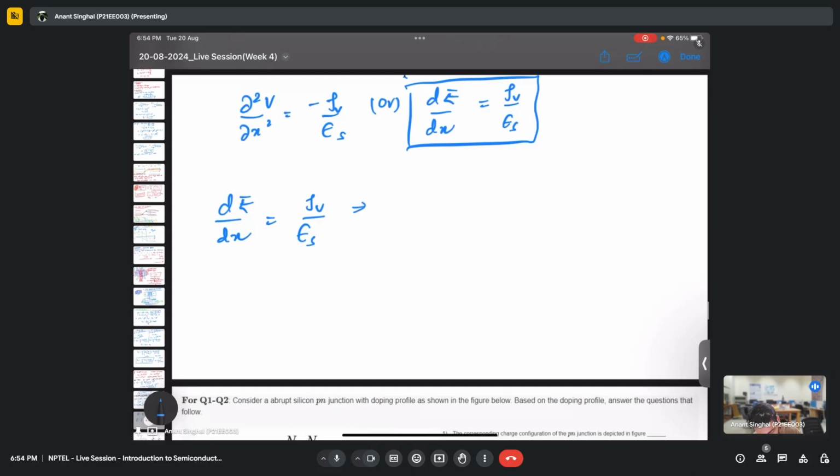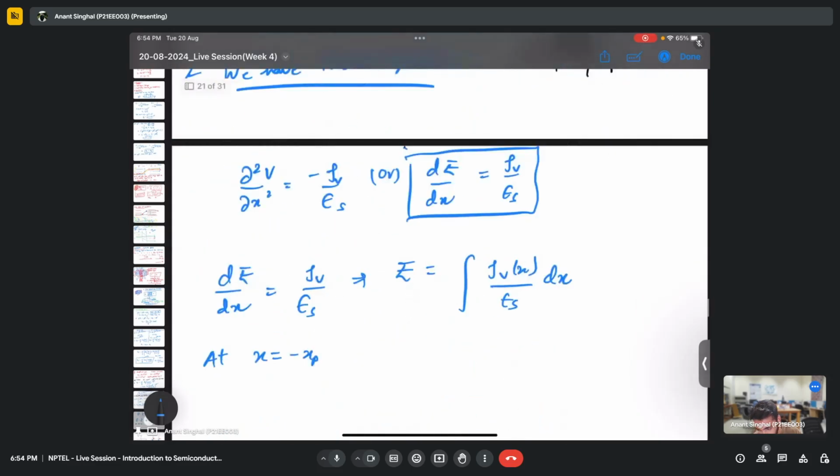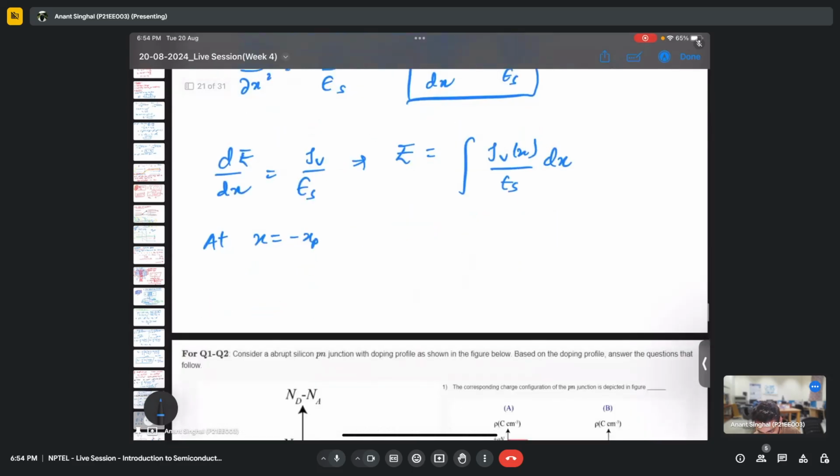So what we can write here is, integrating, rho v by epsilon s times dx. So let's say we know that at x equals minus xp, we have rho as minus qNa, and for this region we have rho as qNd. I'm writing it for the p side right now.